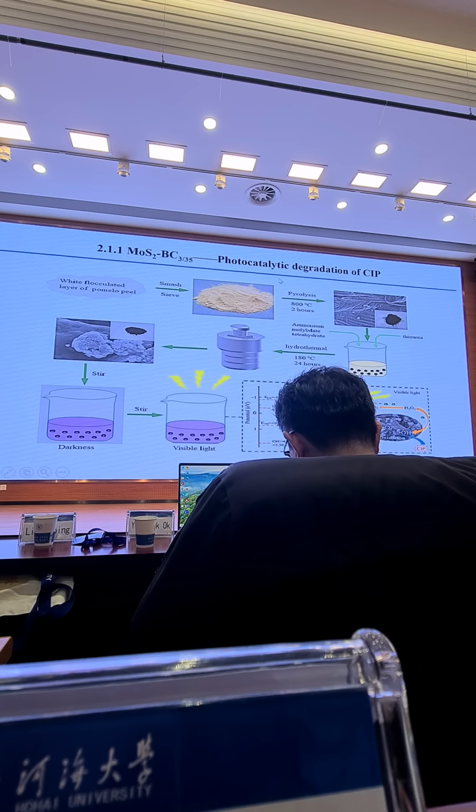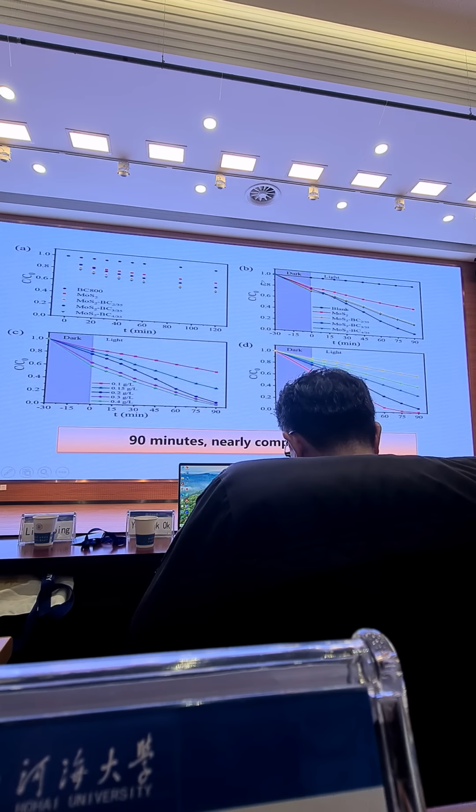And we have the photocatalytic degradation process using the material, and you can see the result is about 90 minutes, and 90 minutes is nearly complete removal. Because near our institute, they have several major pharmaceutical companies. They have been polluting the surrounding environment.